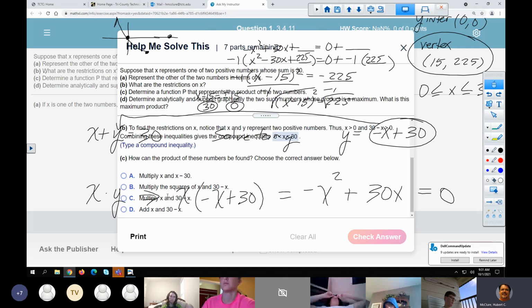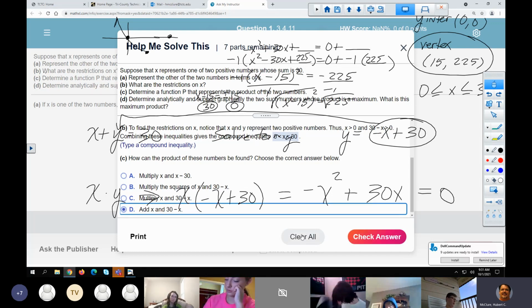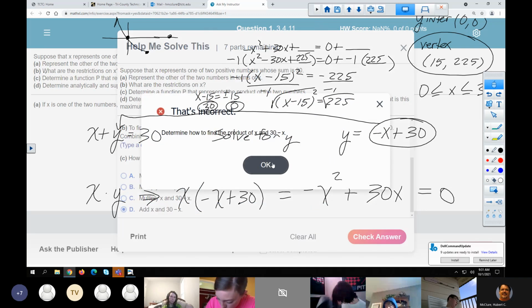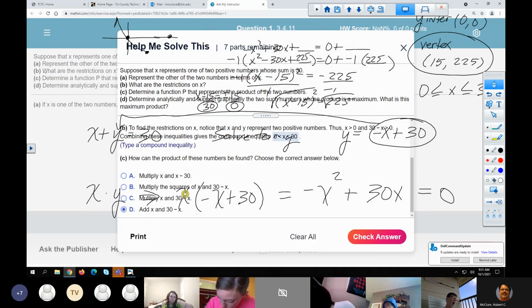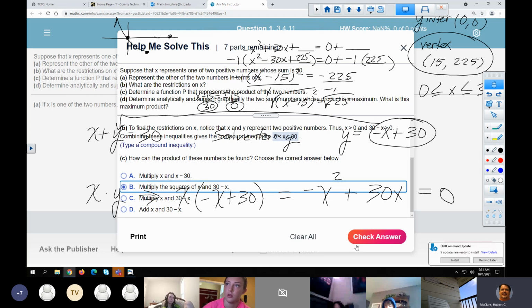So I multiplied x times negative x plus 30. Negative x plus 30, is that not correct? X times negative x. Oh, that's add. I'm sorry. There it is. B. Multiply. Sorry.